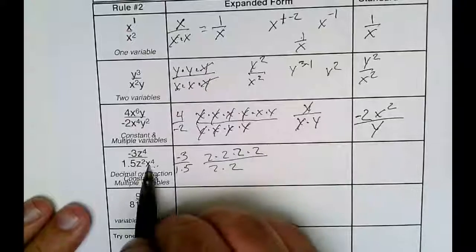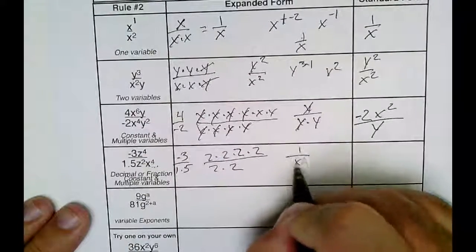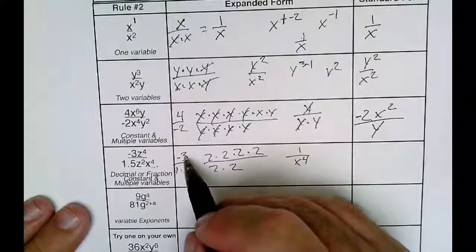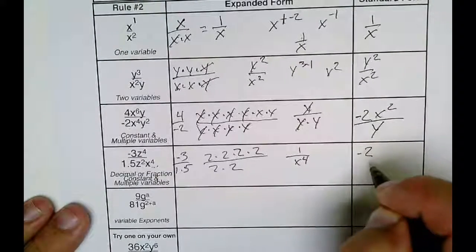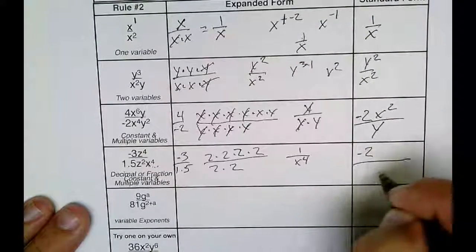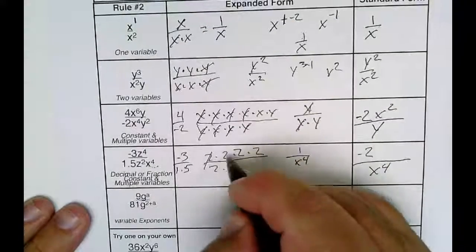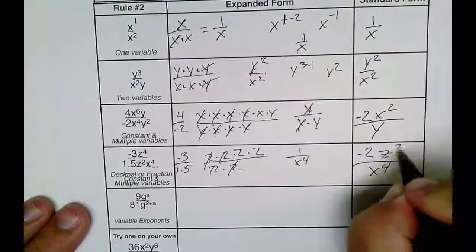Now notice there's no x's, so I don't even have to do anything with it. I can just leave it here. So 1/2 divided into negative 3 is negative 6. The x to the 4th will stay on the bottom. And then I can cancel out my z's, and I'm left with z squared.